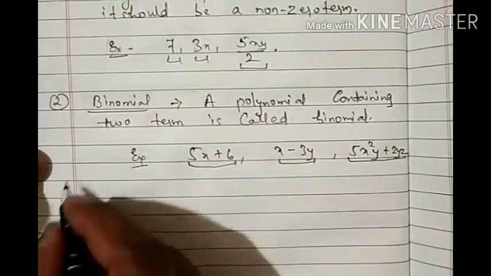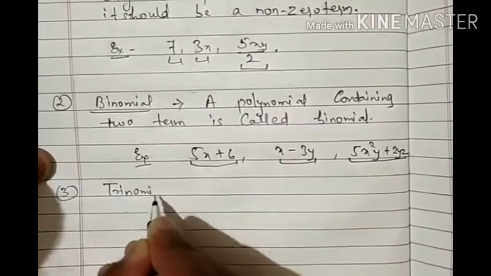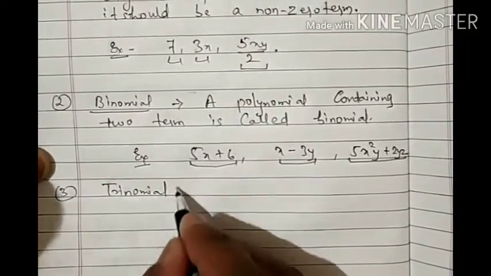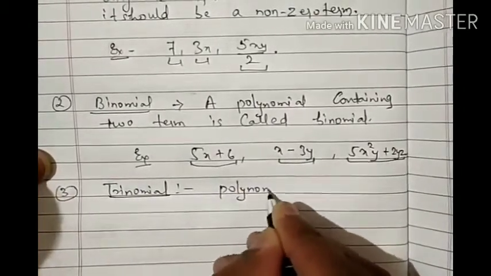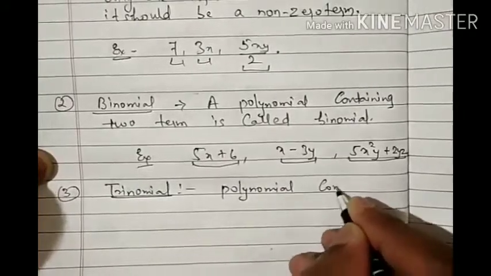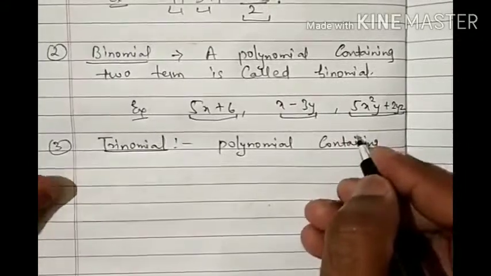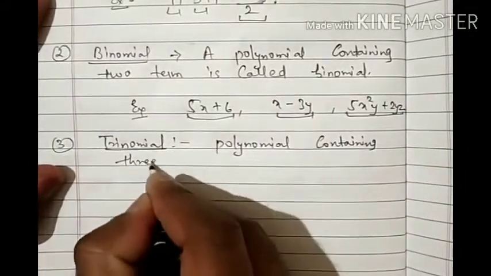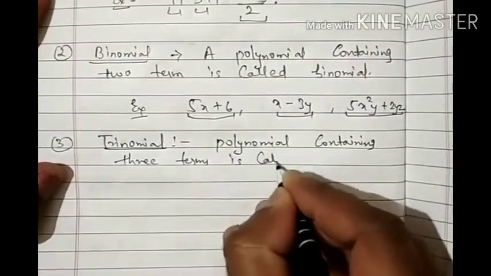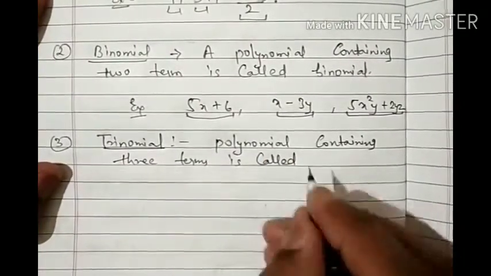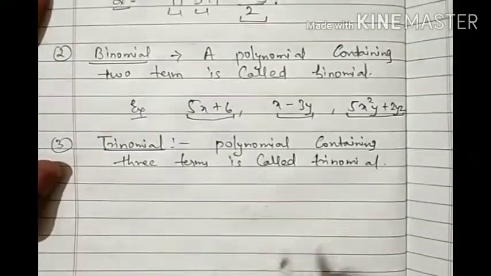Similarly, we have trinomial, in which we have three terms. A polynomial containing three terms is called a trinomial.